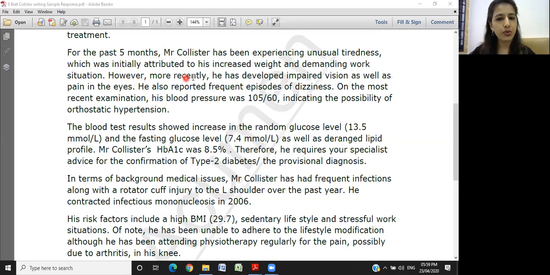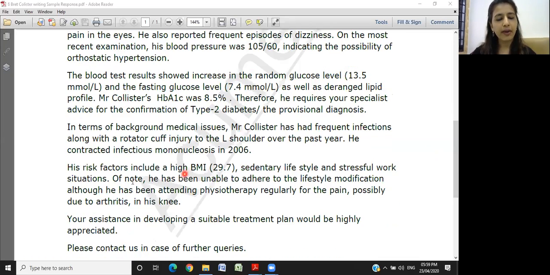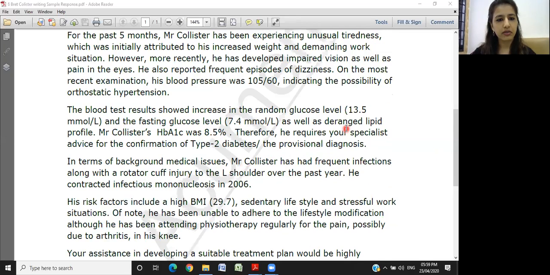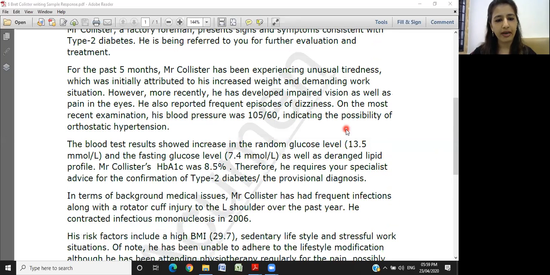However, on 4 so and so, he presented to my clinic with these complaints, in that way. And then in the third paragraph, when you would write about today's visit, you can write all the findings of physical examination. In that itself, you can include the BMI and sedentary lifestyle and stressful work. So in that case, one paragraph would be reduced. You would then need just 4 paragraphs. So that is also possible.